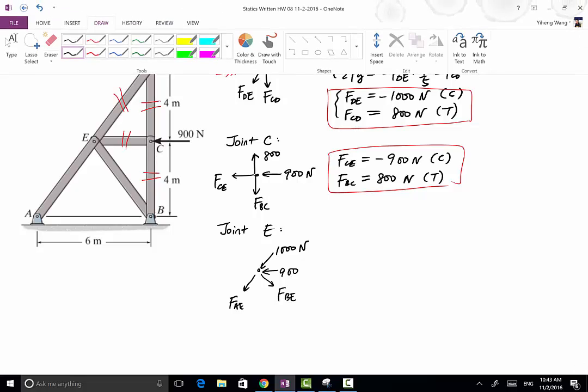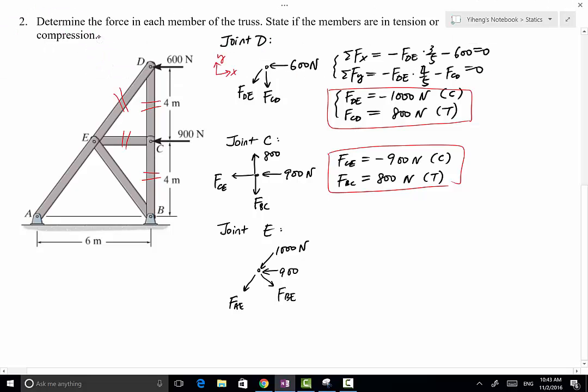It's really up to you at this point if you want to realign your XY coordinate system. If you say I'm going to pick my X direction to be here, Y direction to be here, that's fine. But for me, because of this nice 3, 4, 5 triangle, I don't think it's so inconvenient to stick with the conventional X and Y coordinate system. So that's still what I'm going to do. Along the X direction, we have FAE pointing towards the negative X direction with a component of 3/5.